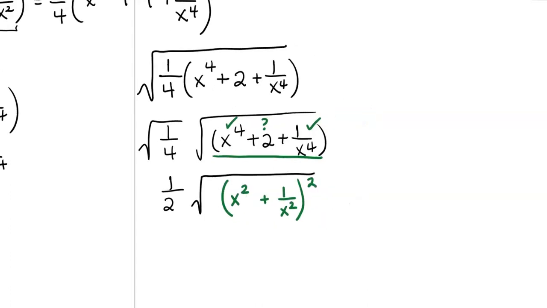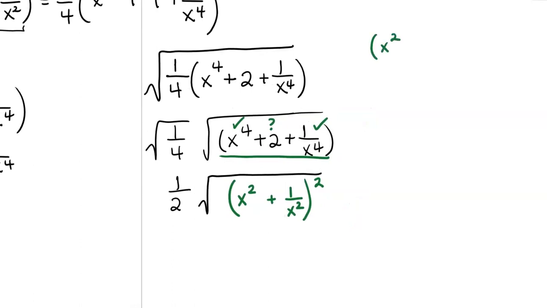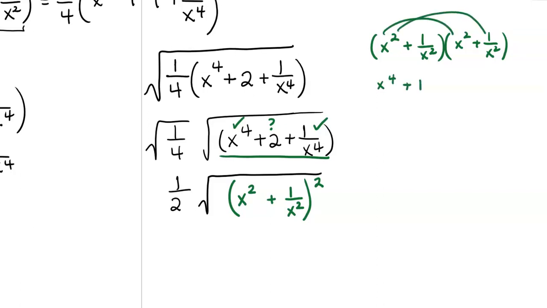If we were to FOIL out what I just wrote in green, we would get x to the 4th plus 1 plus 1 plus 1/x to the 4th. And those 2 1s come together to give us that 2 right there.